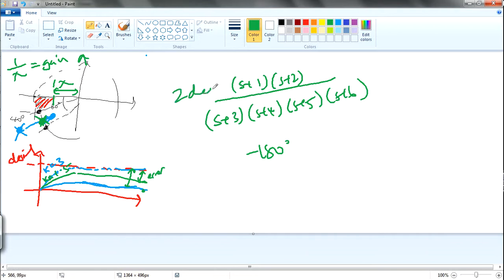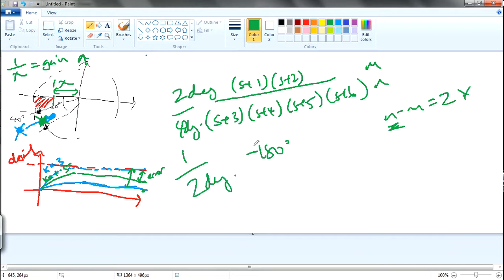So this is m, this is n, and m minus n equals 2. The poles are dominating, because there are 2 degrees more in the denominator, so 2 times negative 90 degrees. This is the relative order that he's talking about.